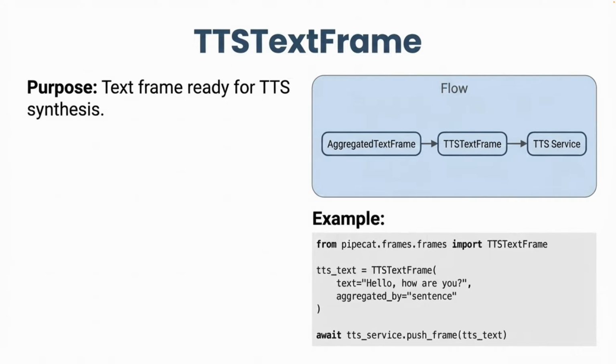And here we have one example where we have TTS text frame, hello how are you, aggregated by sentence, and then we are pushing that. So aggregated text frame, then TTS text frame, and then TTS services. When it receives this TTS text frame, it becomes clear to the TTS service to start its own internal processing and then do the next step. So this is kind of the starting frame for the TTS service.